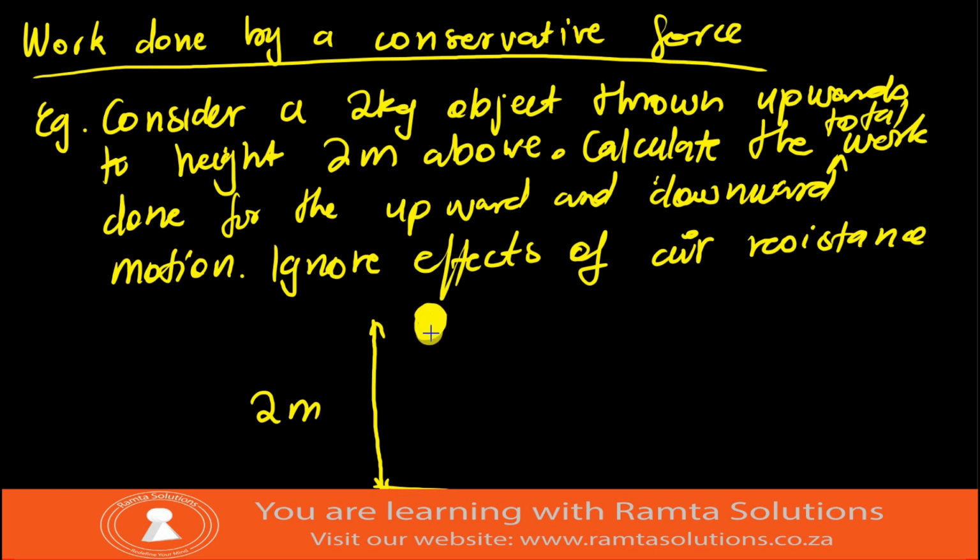When it goes up, if I were to draw a free body diagram, there are only 2 forces acting on this object, which are normal and weight, i.e. gravity. So let me use F sub G, force of gravity. These are the only two forces that are acting on the object.